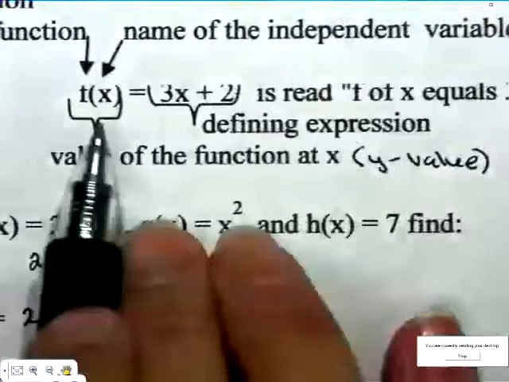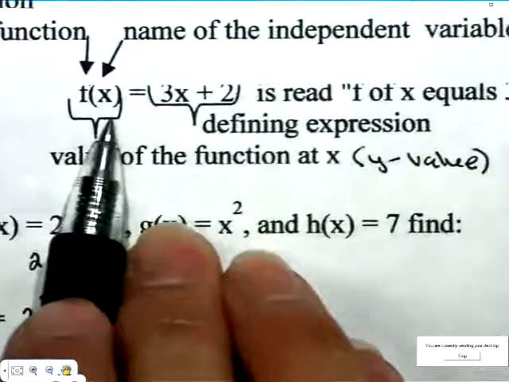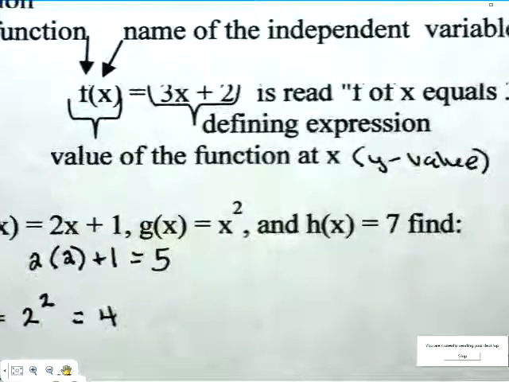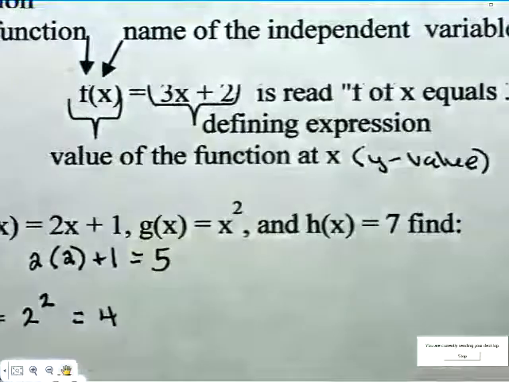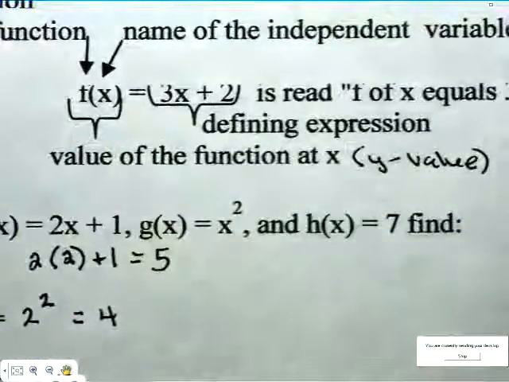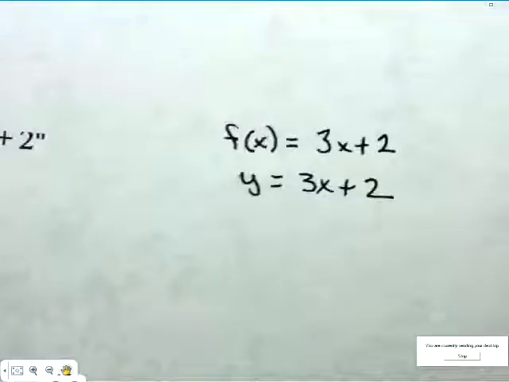So wherever you see f of x, you could put y in its place if you wanted to. You could write f of x equals 3x plus 2, or you could put y equals 3x plus 2, and those two things mean the same thing.